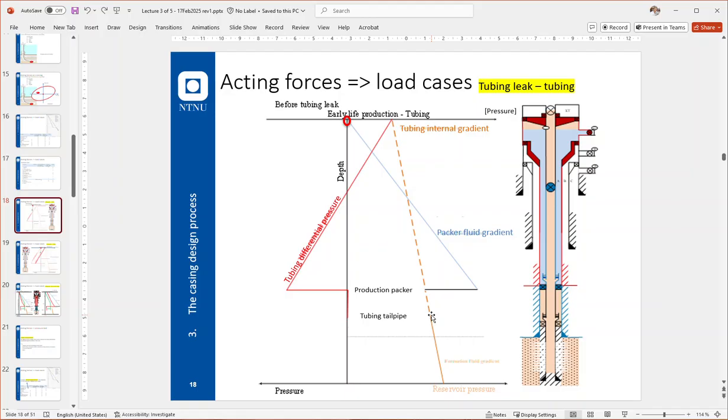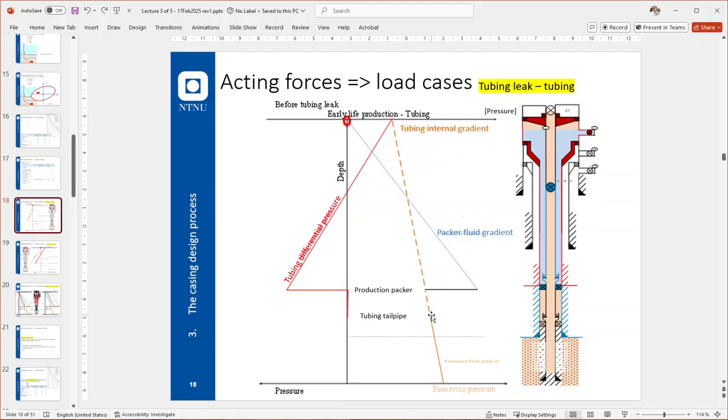If we go a little bit higher, we see where the production packer is sitting, and at that point we go to the right and we get a blue line, and that's the annulus of the tubing.